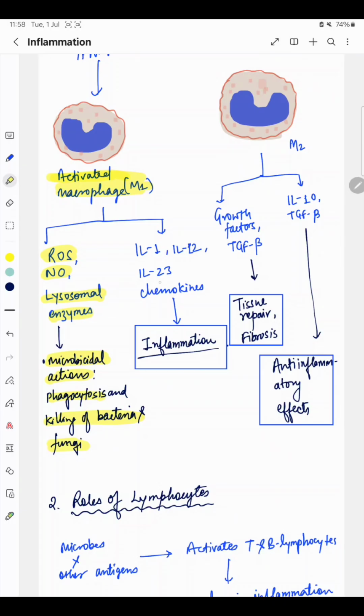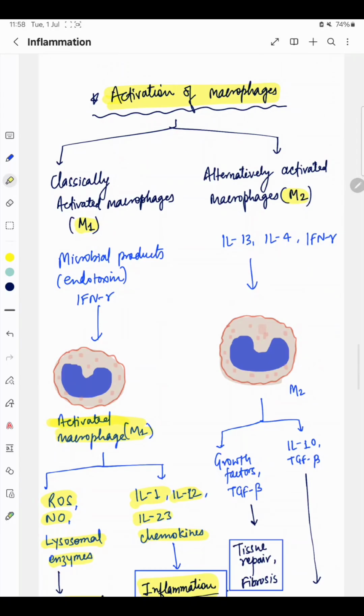On the other hand, they secrete cytokines like interleukin 1, interleukin 12, interleukin 23 and chemokines, and further play an important role in inflammation.